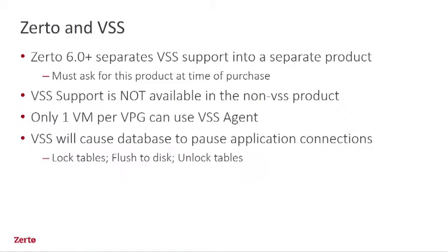Because when we have the VSS agent do its job, it calls Zerto and says, hey, I just VSS'd all the drives and all the writers, and I want you to take a checkpoint. Well, there's no way to alert other VMs to do that. So that's why there's only one allowed per VPG.